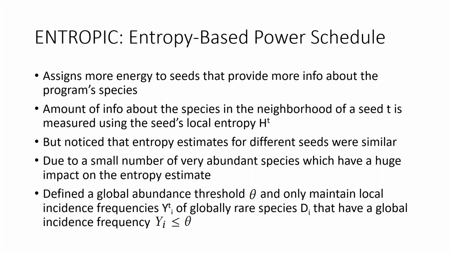They define a global abundance threshold theta that only maintains the local incidence frequencies for globally rare species. So only if the incidence frequency is less than theta, then it will keep track of this local incidence frequency.